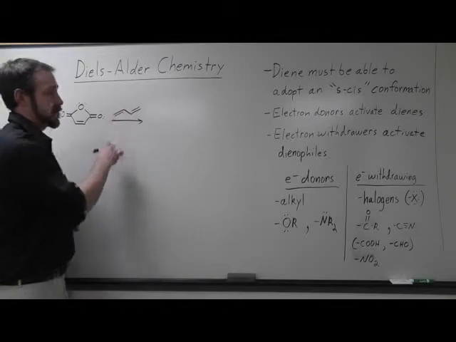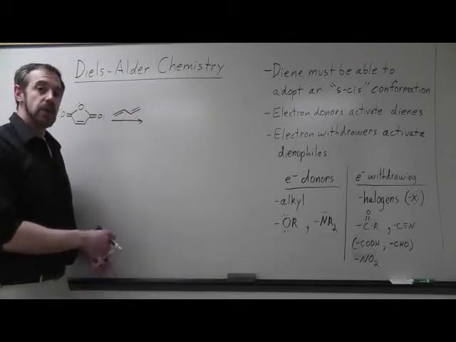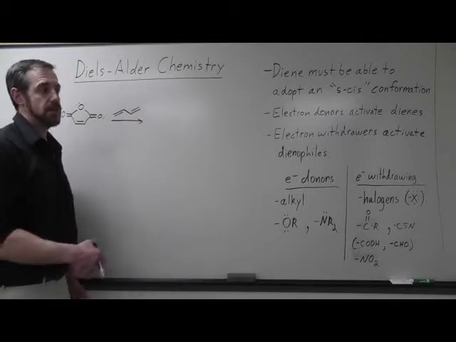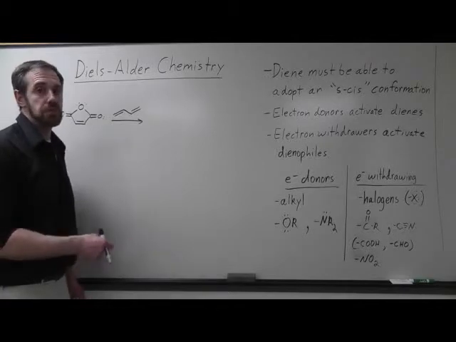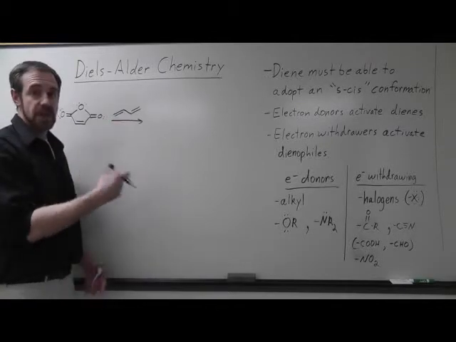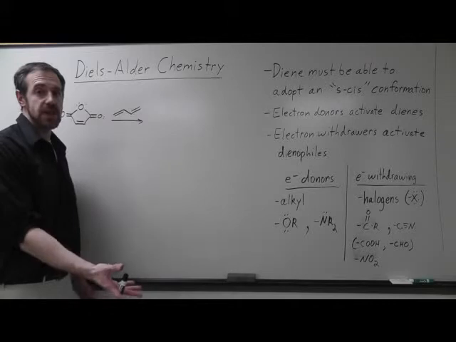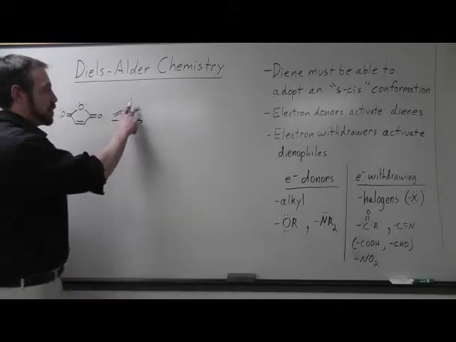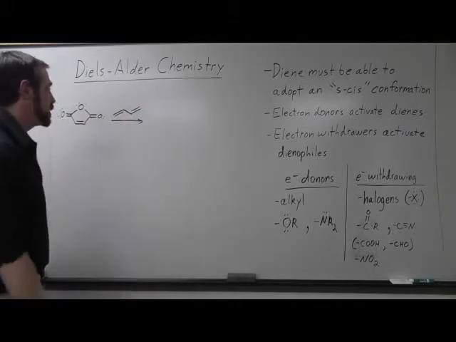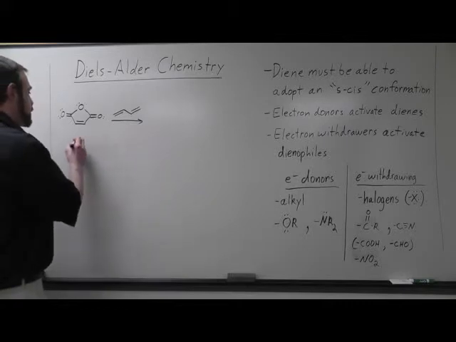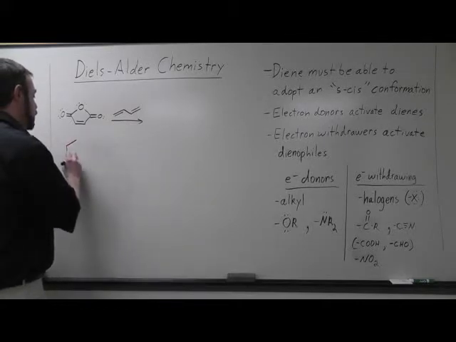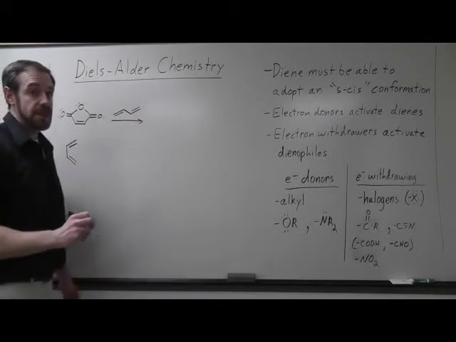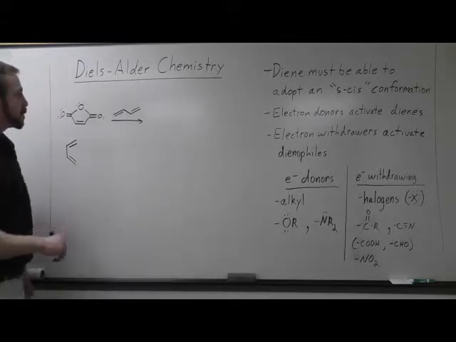It's drawn in the S-trans conformation, but with a little bit of energy, a little bit warmer than room temperature, it's easy to convert this in the reaction into the S-cis conformation. And so there's nothing preventing it from adopting that conformation. And so we can draw these two in conformations that allow them to react.